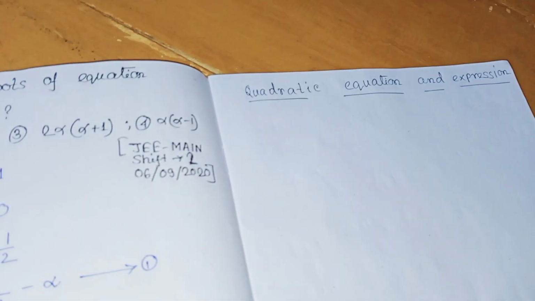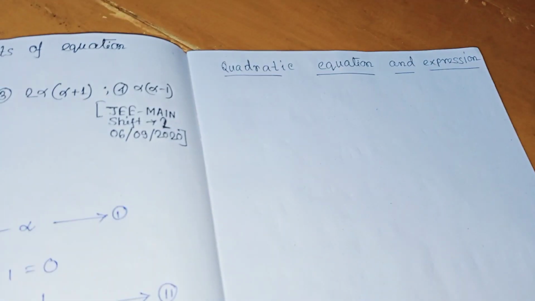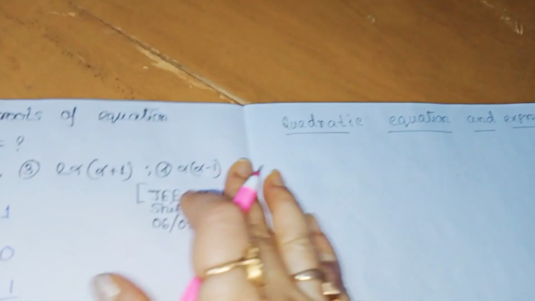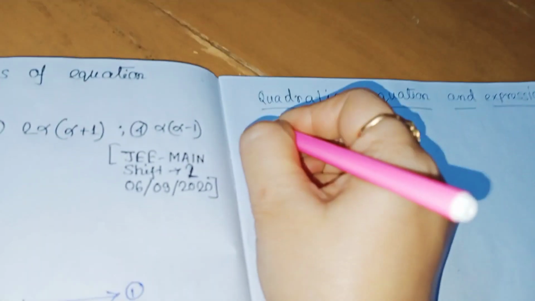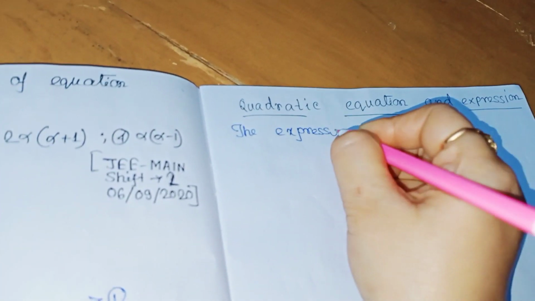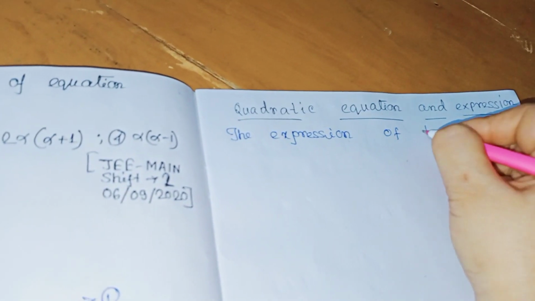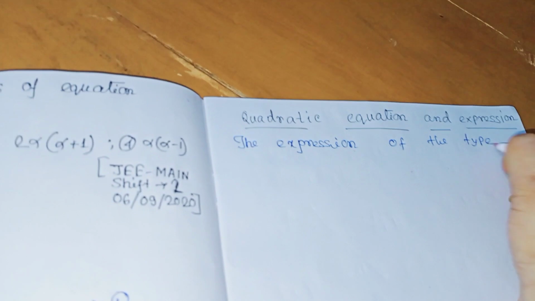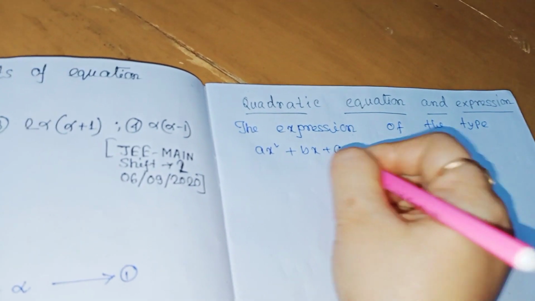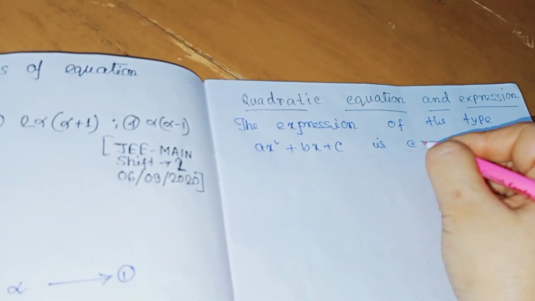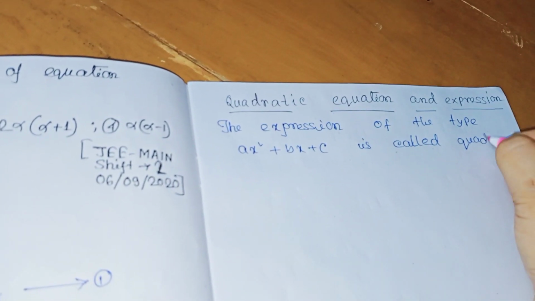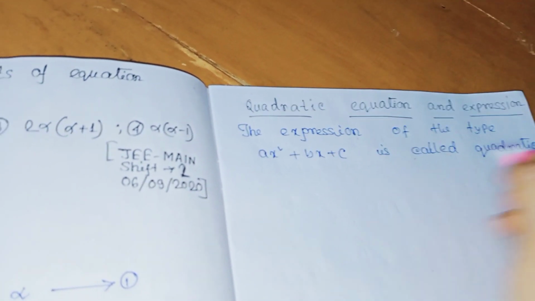So an expression of the type ax square plus bx plus c is called a quadratic expression.